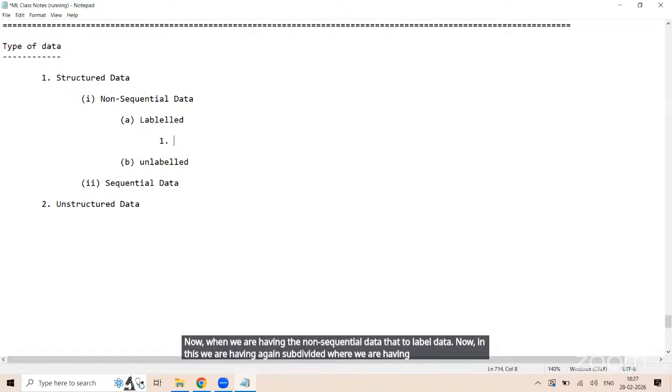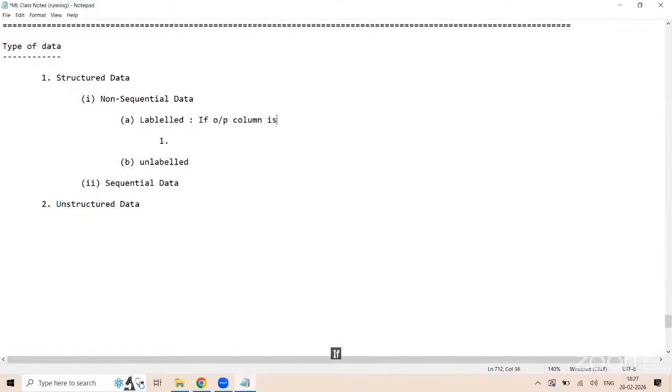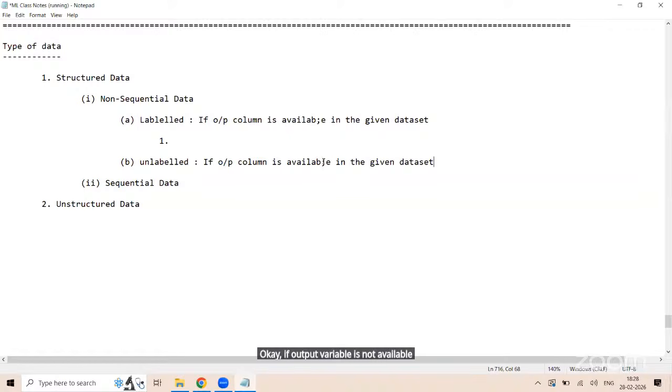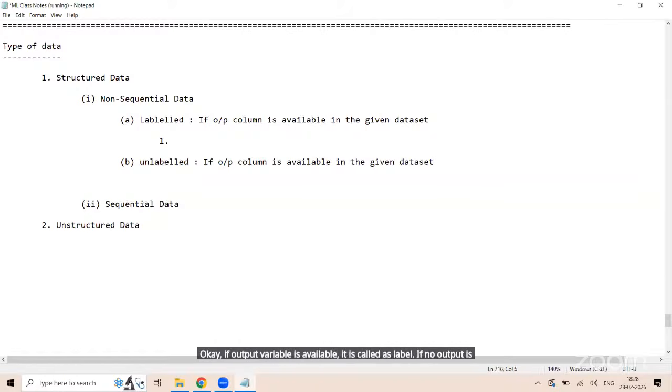If the output variable, that is the output column, is available in the given data set itself, it is called labeled. If the output variable is not available, it is called unlabeled.